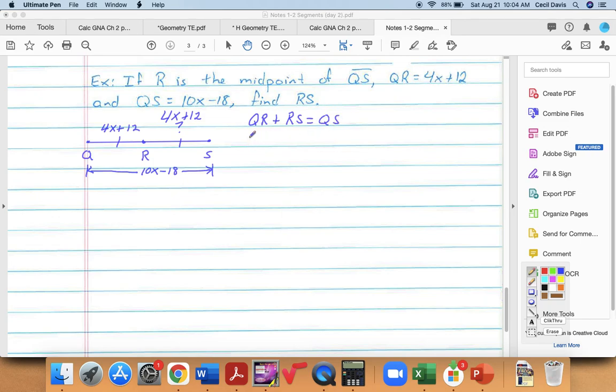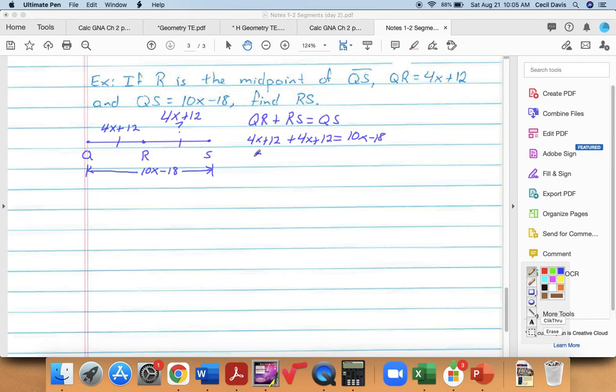The length of QR is 4x plus 12. The length of RS is also 4x plus 12. And the length of QS is 10x minus 18. This is the minimum starting place. I would start back here, but you have to show me this equation.